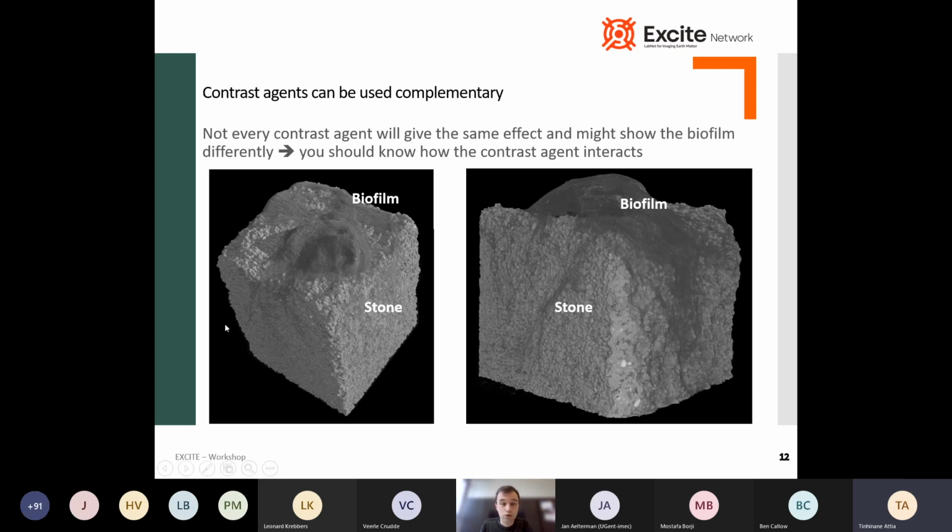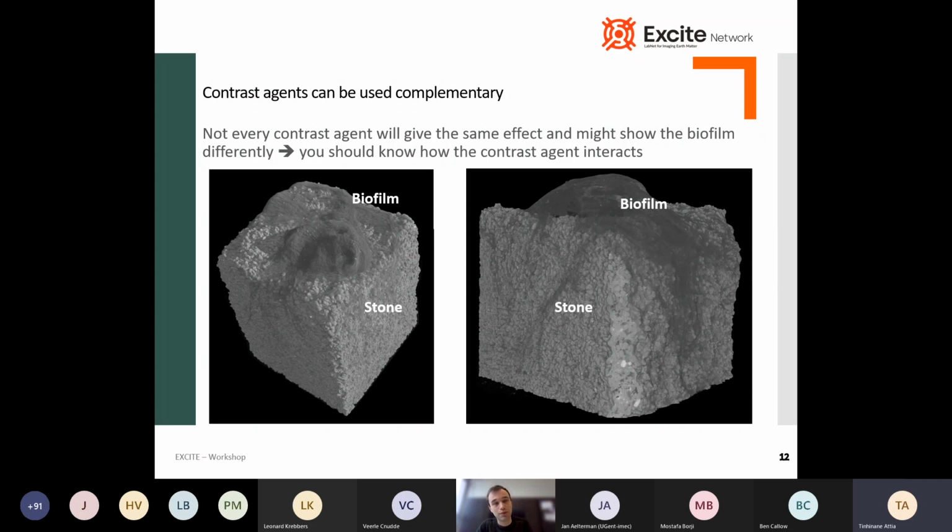These were stained with two contrast agents, A and B, left and right. On the left, you see much more detail compared to the contrast agent used on the right. This is actually the same biofilm, so it shows that they probably attach to something different. That's something you should take into account.